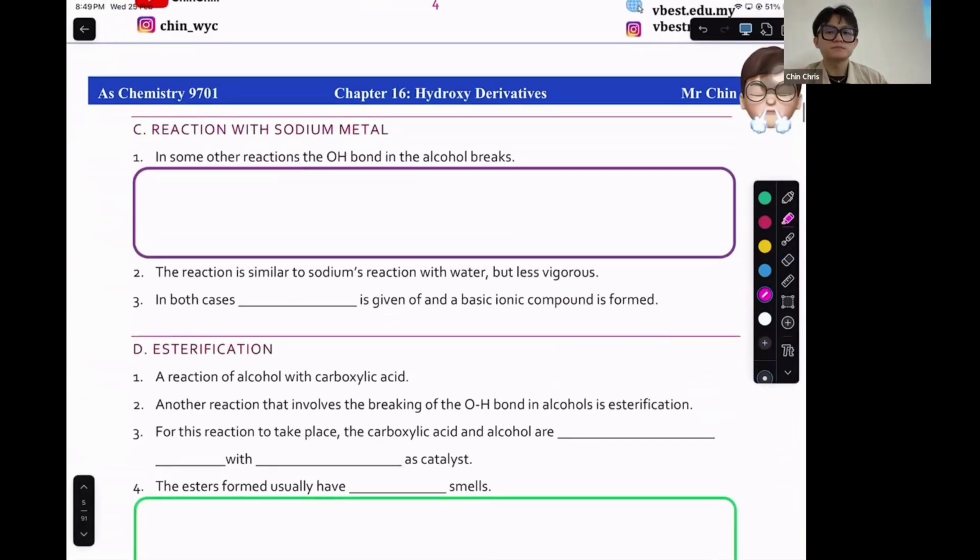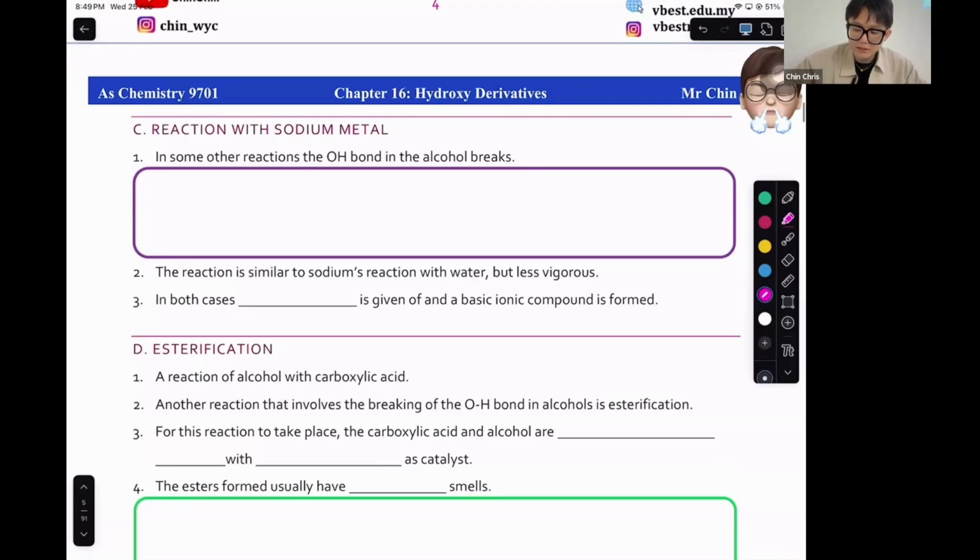All right, all good. Next part. Let's continue. A reaction with sodium metal. In some reactions, the O-H bond will break, for example when reacting with sodium metal. Let's say I have this alcohol and I add sodium metal.